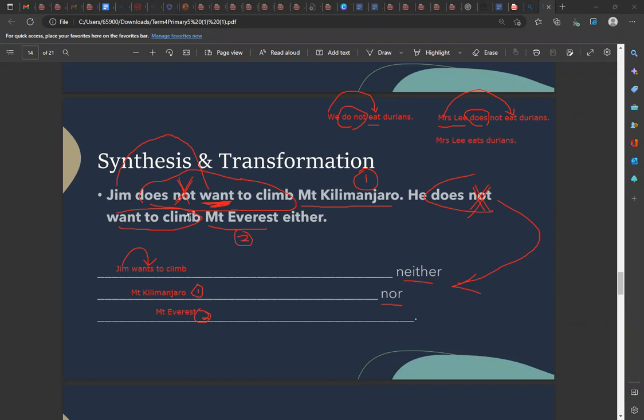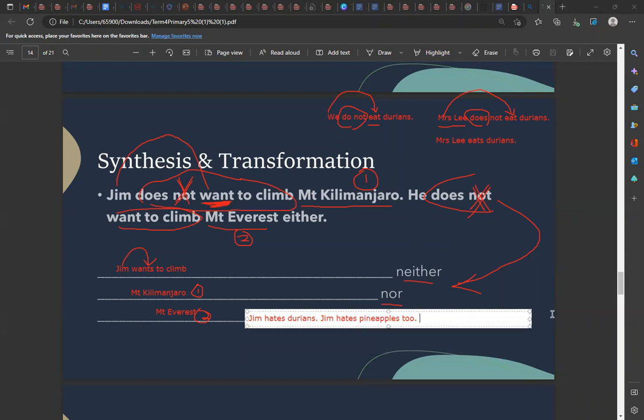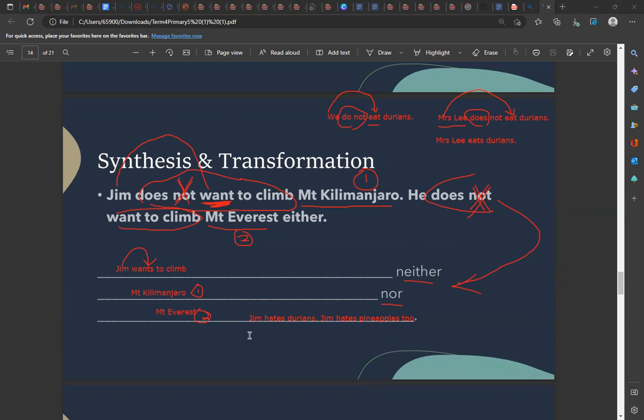So sometimes it's not about cancelling the word not, sometimes it's about using an antonym. So for example, Jim hates durians. Jim hates pineapples too. Maybe some of you hate durians as well because of the smell, and maybe some of you hate pineapples too because it can be sour sometimes. So the transformed sentence would involve us changing hates to likes.